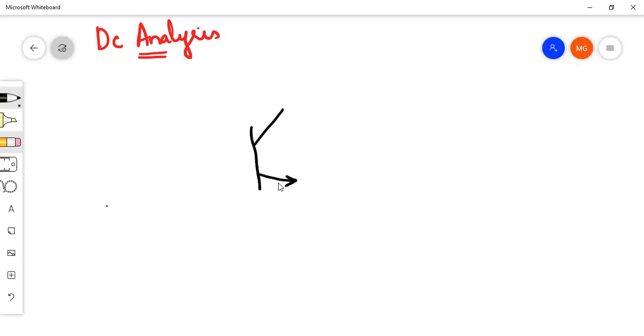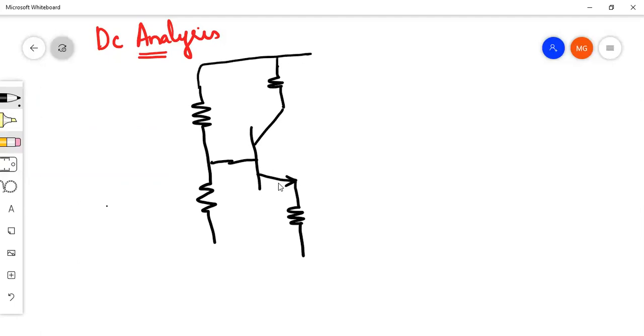The common emitter part will have two resistances R1 and R2, the collector resistance, and VCC, the DC voltage. The input capacitor is replaced with an open circuit.